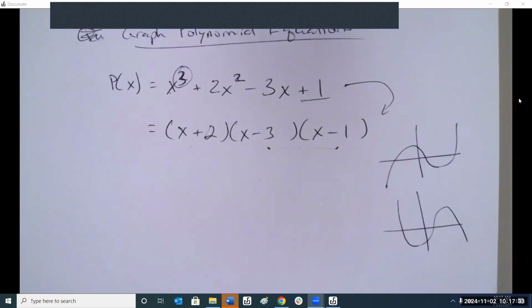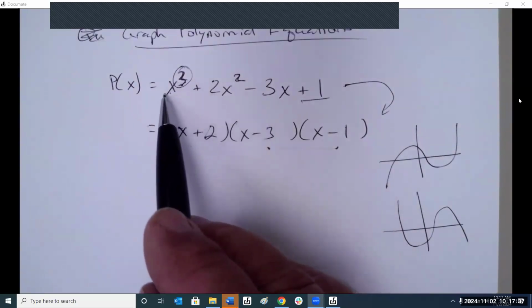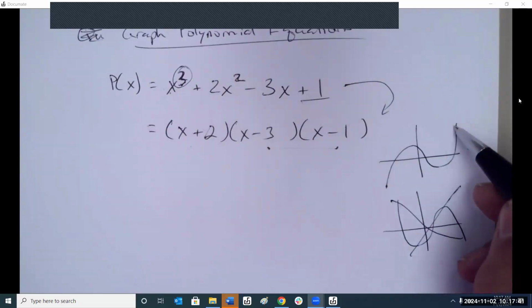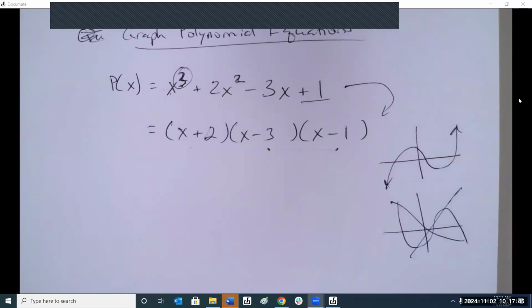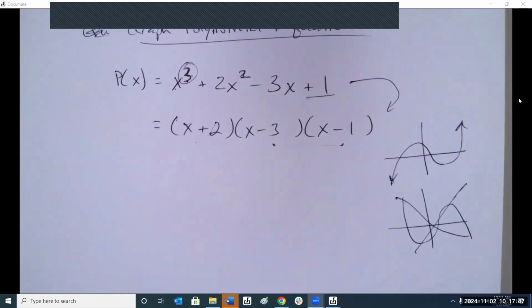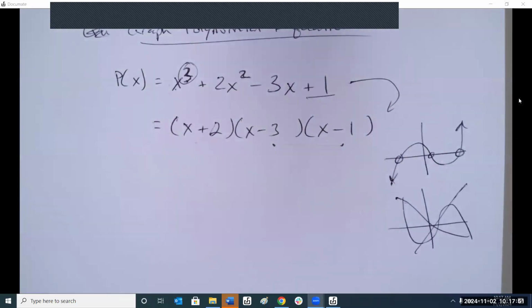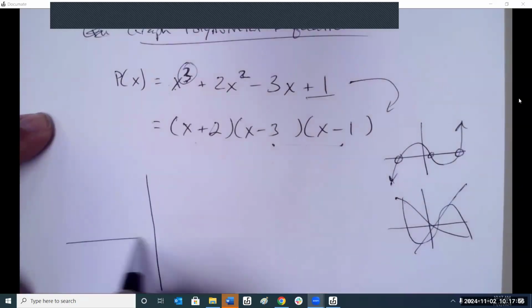The end behavior has to be different because n is odd. Since a, the coefficient, is positive, it has to go like this. When I factor it, what I'm looking for are my x-intercepts. In this case, what are my x-intercepts?